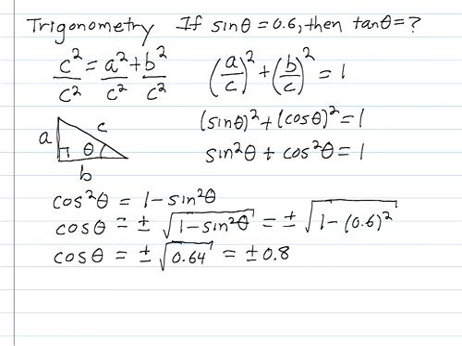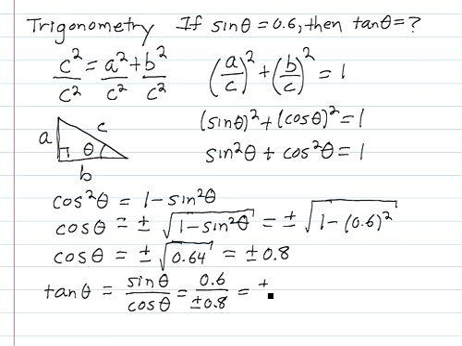Now this problem is looking for tangent. So I'll use the other very useful trigonometric relationship, which is that tangent is the same as sine over cosine. And so if I put in what sine is, 0.6, and what cosine is, plus or minus 0.8, if you divide these, 6 divided by 8 is the same as 3 divided by 4, so that's 3/4.